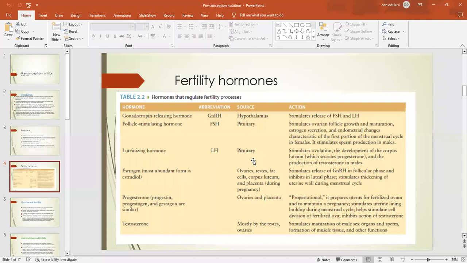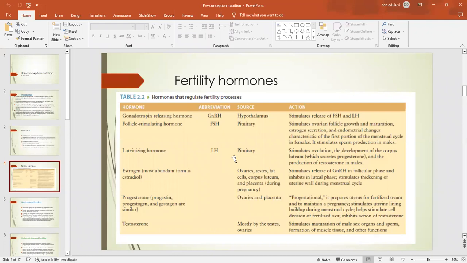Luteinizing hormone, also produced in the pituitary gland, will stimulate ovulation and the development of the corpus luteum, which secretes progesterone, and the production of testosterone in males. All these hormones we are listing here: follicle stimulating hormone, luteinizing hormone, testosterone, progesterone, estrogen. These are steroid hormones, manufactured from a lipid base, which must be supplied through the diet of the individual.